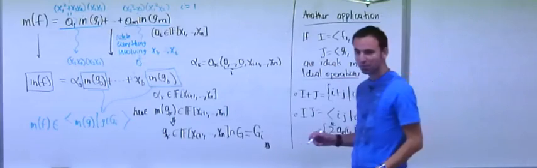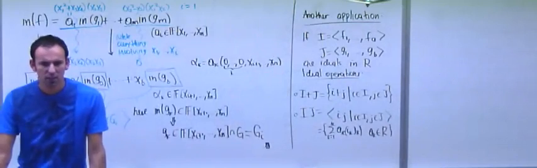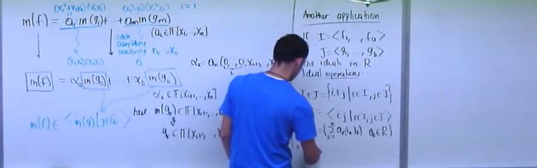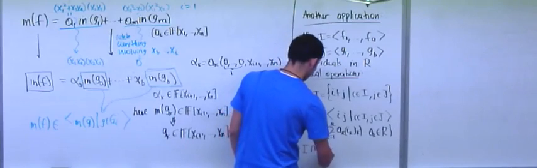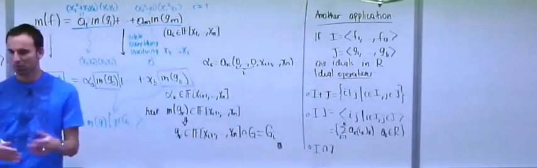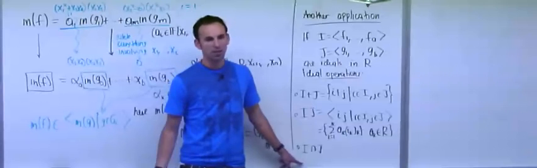What else can you do? You guys remember? You can intersect ideals and you're going to get an ideal. Actually, maybe that should have been the first one that I told you, because somehow we like to know if things are closed under intersection and union. It turns out that if you intersect two ideals, you get an ideal.